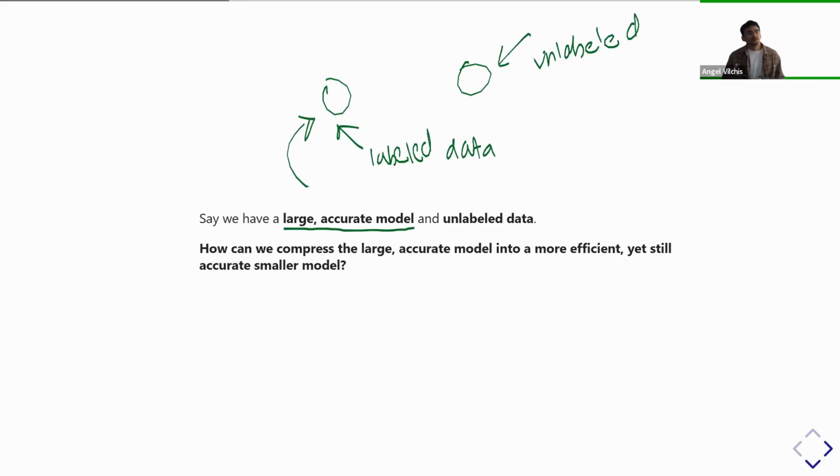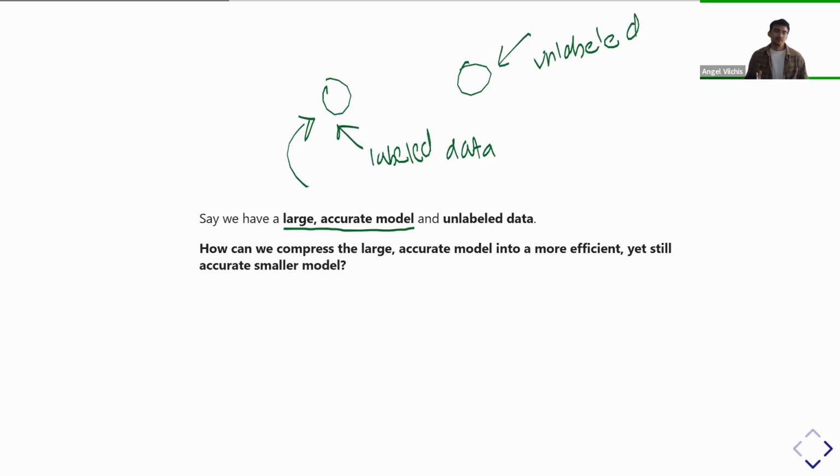The question model compression tries to answer is, how do we take advantage of having a large accurate model as well as unlabeled data to train a smaller model?